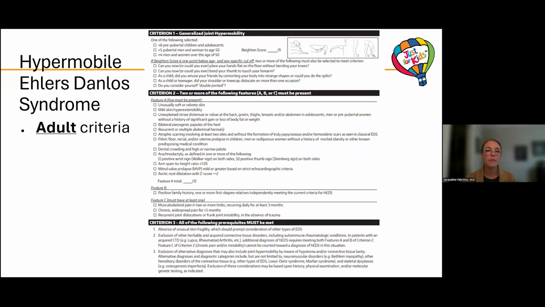However, when we are thinking about the pediatric population, this criteria is not the best, because, one, hypermobility decreases with age. You may have a 6 on your hypermobility score at age 4, and then that will decrease over time.